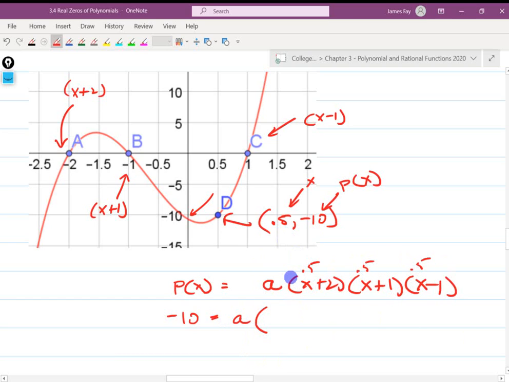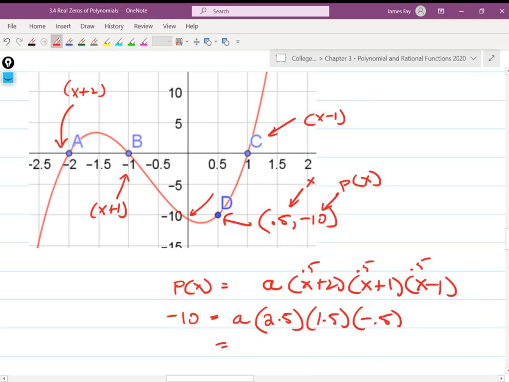So what's 0.5 plus 2? 2.5, right? 0.5 plus 1, 1.5. 0.5 minus 1, -0.5. Does that make sense, everybody? Multiply all that out.